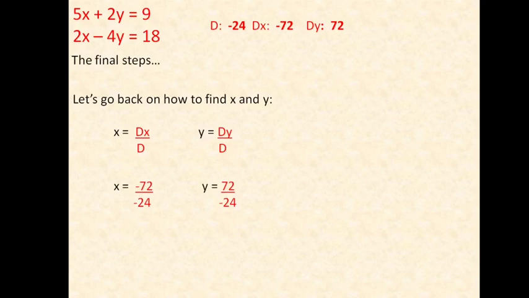Y is 72 and d is again minus 24. So the final values of x and y are 3 and minus 3. And this is your solution. This way we can solve any linear equation in two variables by using Cramer's rule.